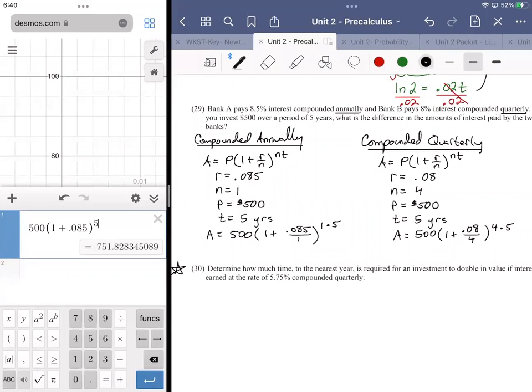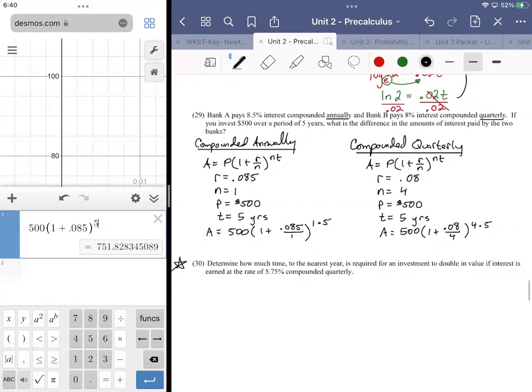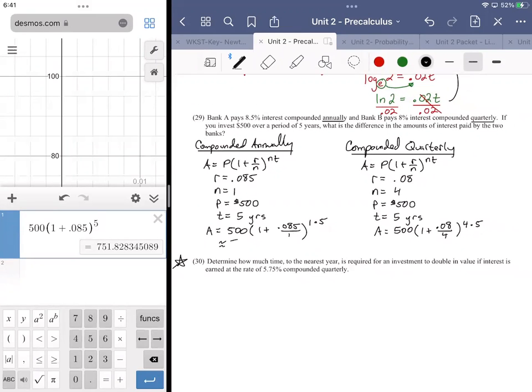So we're talking about $751.83. All right. And then for the other one, over 4 raised to the 4 times 5 power. So 742.97.